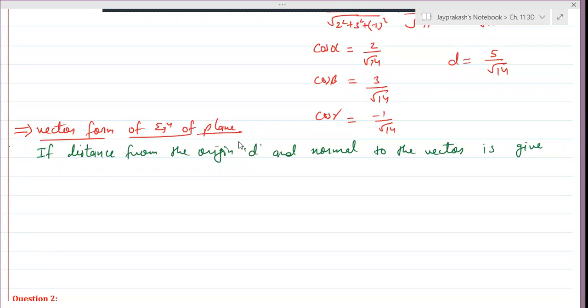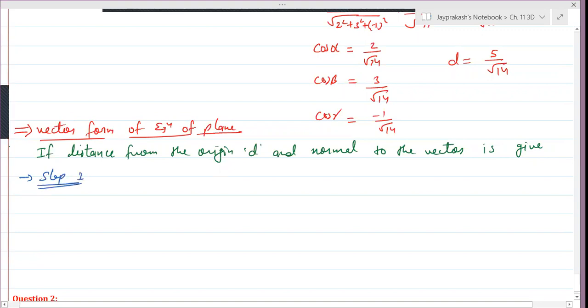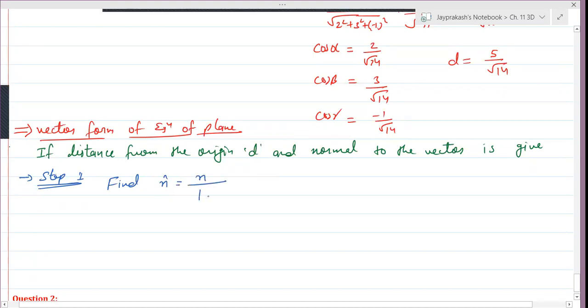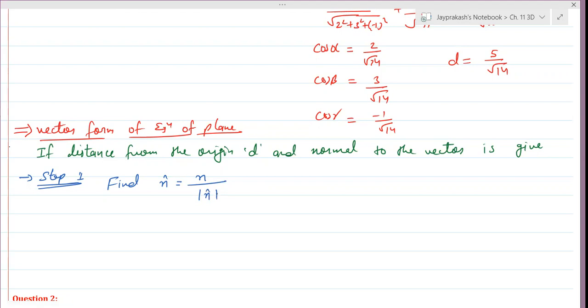So our first step, find the unit vector of the given normal. That means the normal vector which we have been given, divided by the modulus of the vector. So whatever this normal vector is given, that is a position vector.